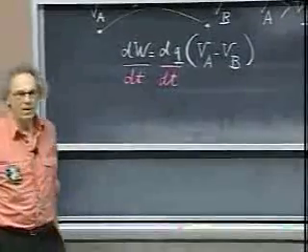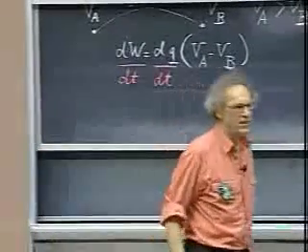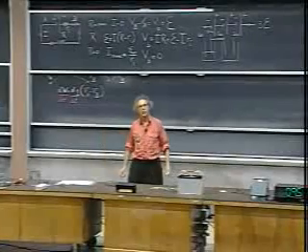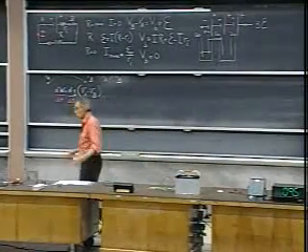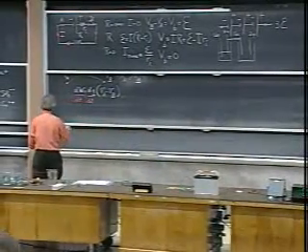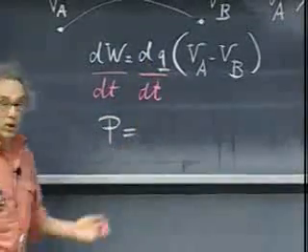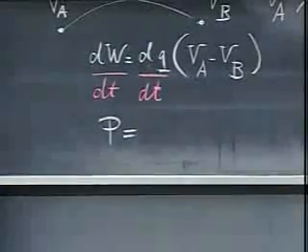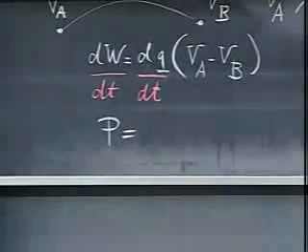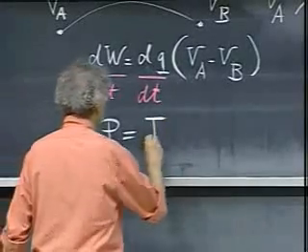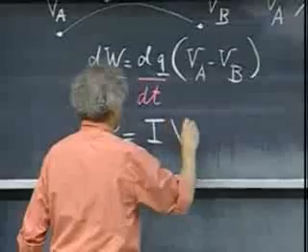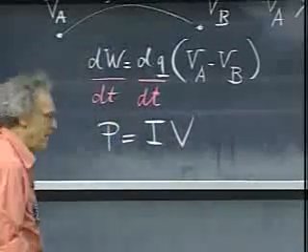And now we say, aha, what we have on the left side is now work per unit time. That's power, joules per second. So this now is power. dq/dt is current. How many coulombs per second flow? So this is current, I. And the potential difference I simply use that symbol V.